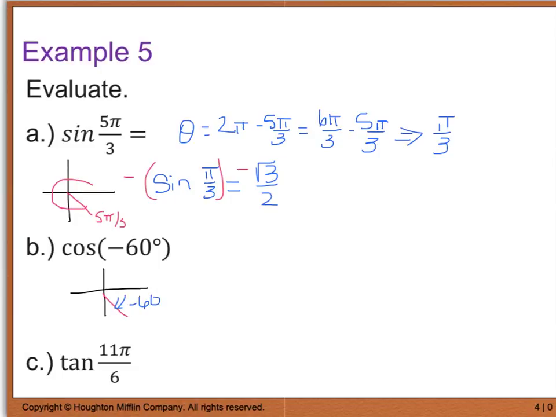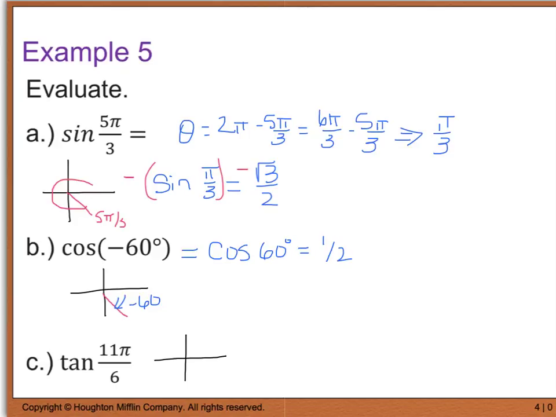I know that cosine has the same sign as in the first quadrant for 60 degrees. So this is really going to be equal to the same thing as the cosine of 60 degrees, which is 1/2.